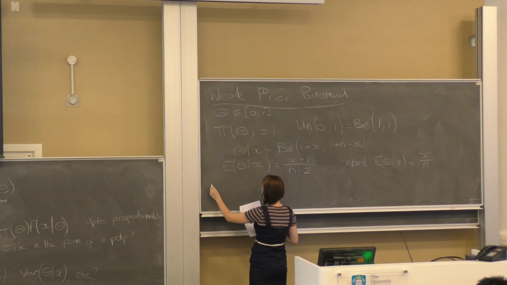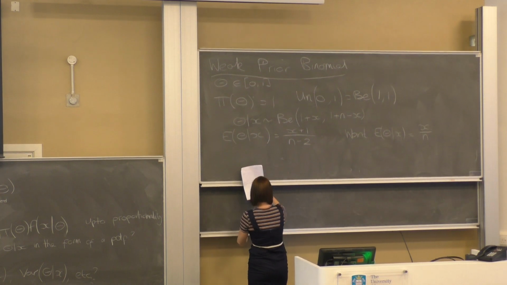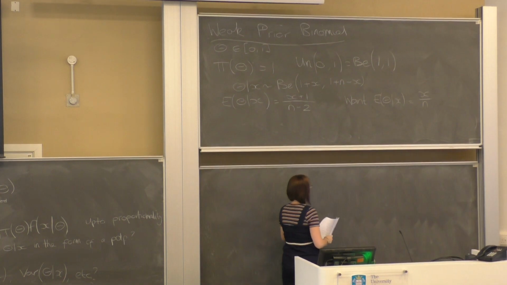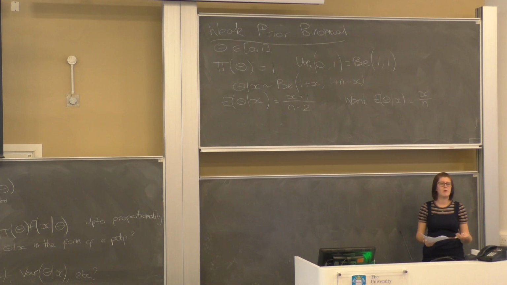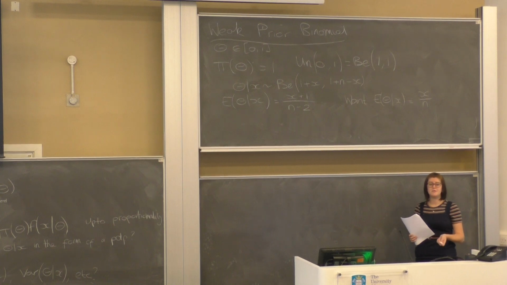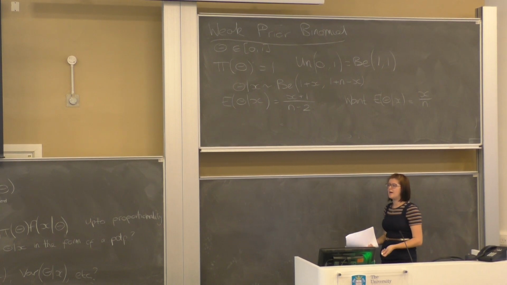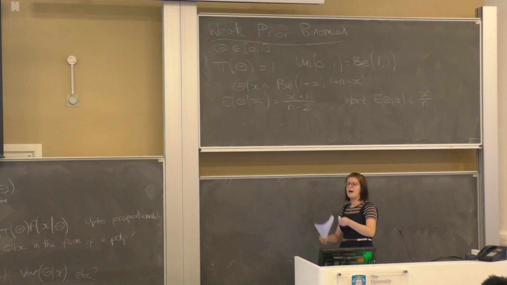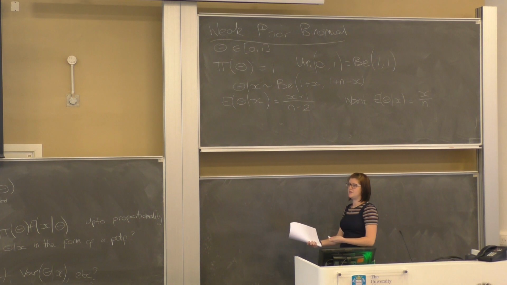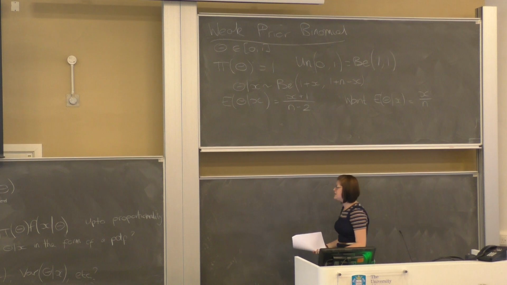Instead, we might want to look at transformations. So when Miguel was talking about weak priors, you looked at Jeffreys prior. The point of Jeffreys prior is that for any transformation that you do on your parameter, you still have a distribution that scales with that transformation.